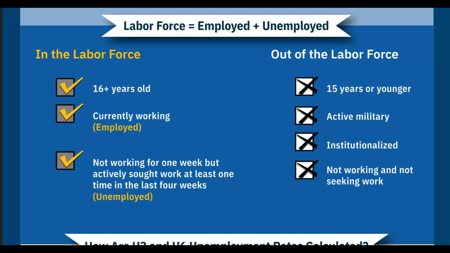So if you're 15 or younger, or maybe even in the military, or if you're institutionalized, or maybe just not working and not looking for work, so let's just say a full-time student, maybe a stay-at-home parent or a retiree, you are considered completely out of the labor force.